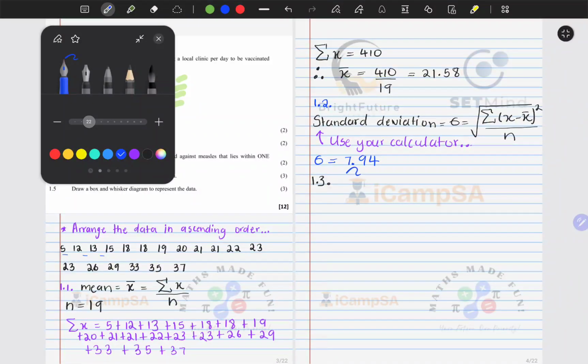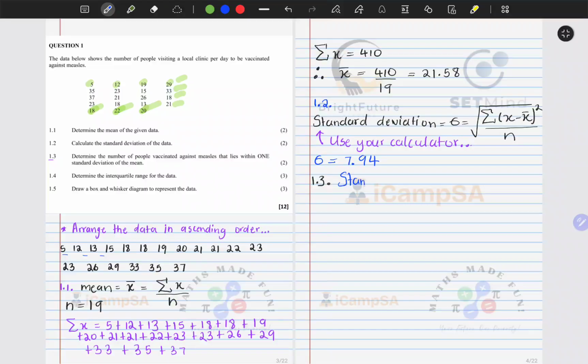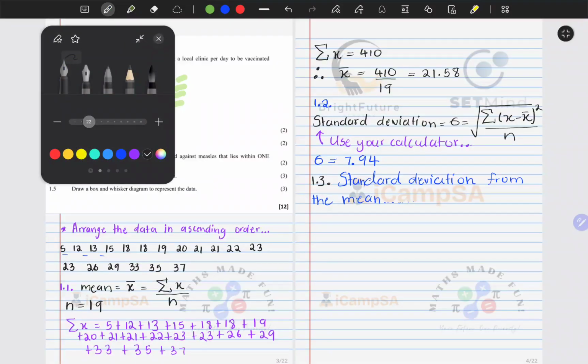So what we are trying to understand is standard deviation from the mean. You'll see sometimes they will say one standard deviation or two standard deviations. So what does this mean?